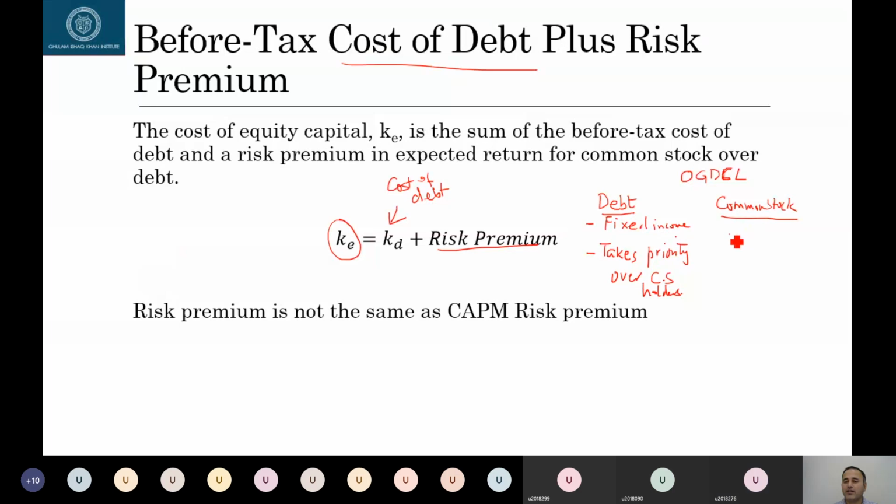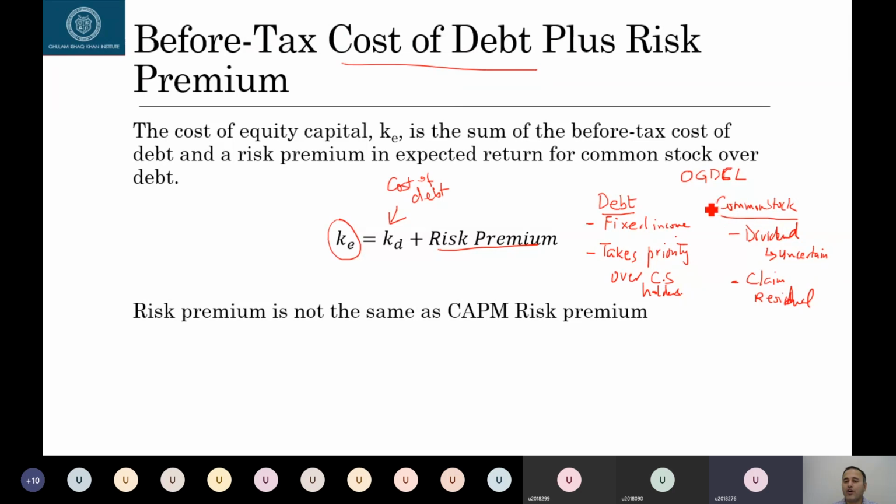On the other hand, one of the major sources of return for common stock is dividends. They are uncertain. And of course, their claim is residual. If the company goes bad, whatever is left after paying the debt holders and the preferred stockholders, they get the residual money.